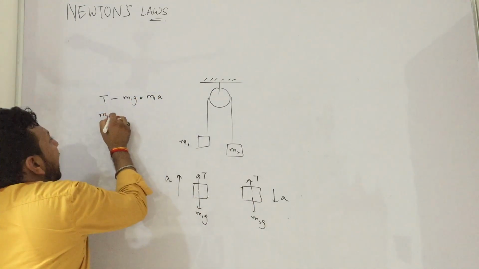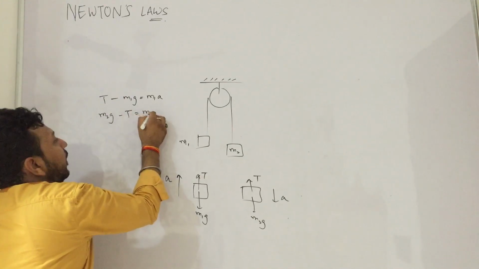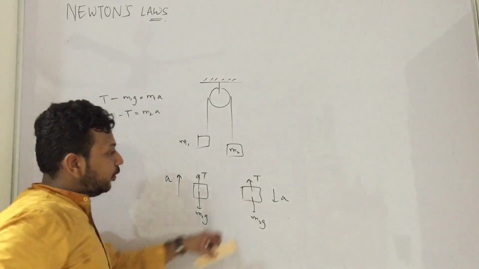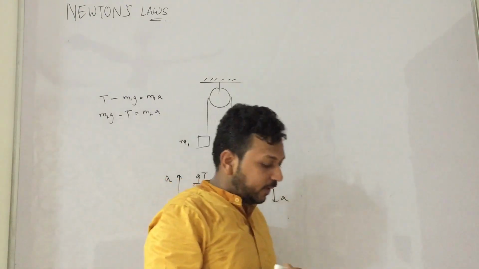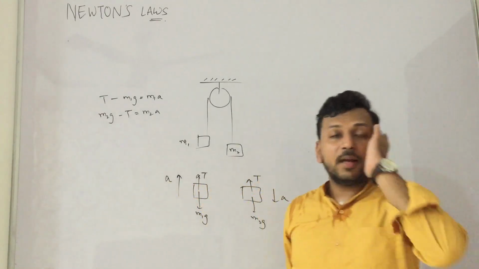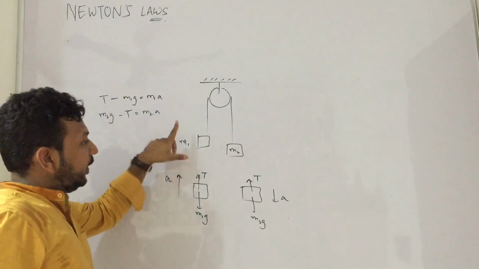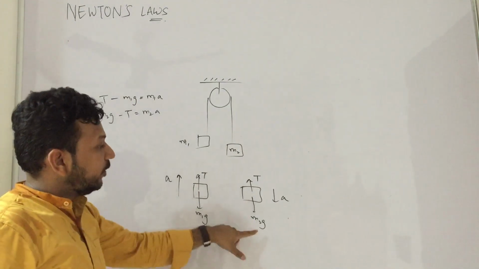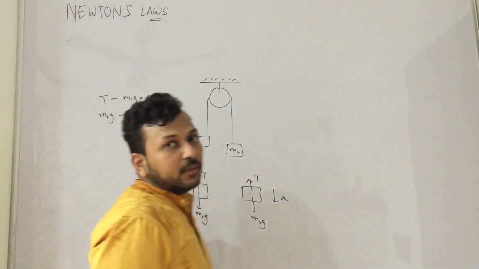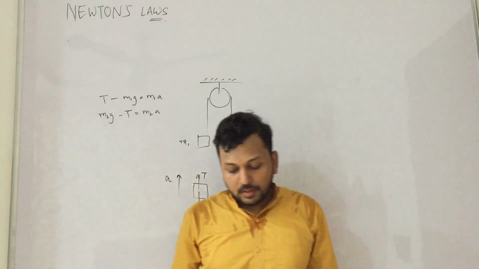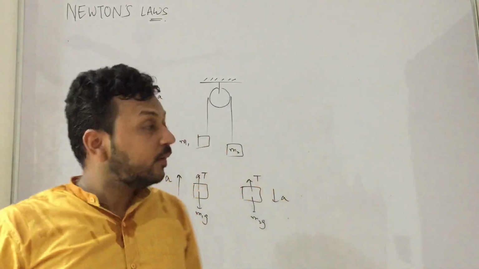Similarly here, m2g minus T is equal to m2a. It is pulling it down, it is pulling it upwards. So net force is mass into acceleration again. So simple. This is going upwards, so this minus this. This is going downward, this minus this is equal to mass into acceleration. So this is what we have.